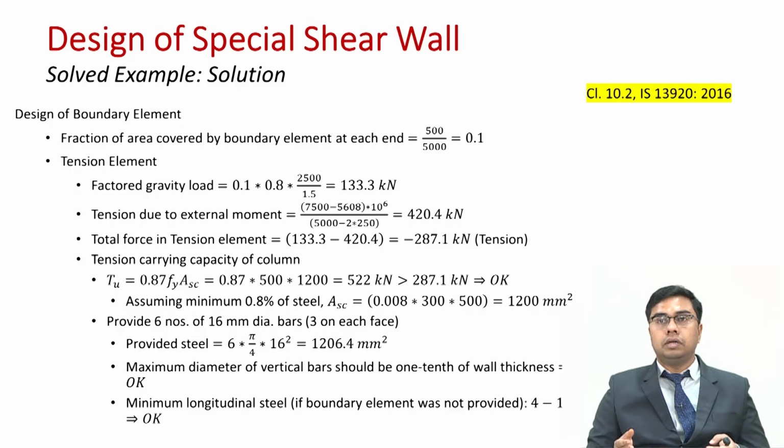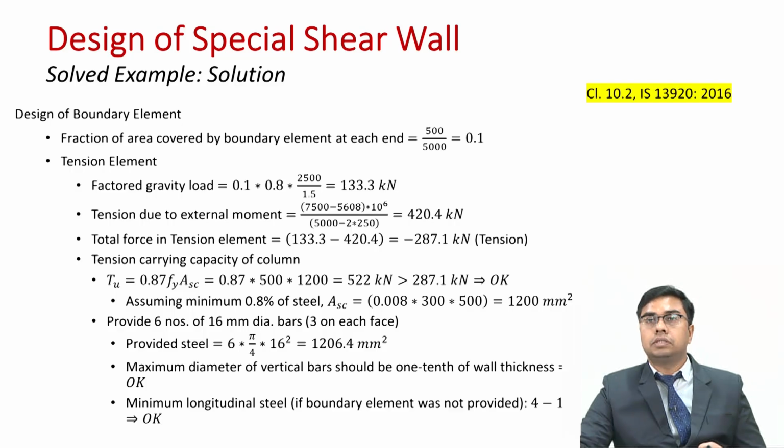Assuming minimum steel requirement, that is 0.8% of steel, that is 1200 millimeter square, in the boundary element having cross section of 300 mm by 500 mm, the tension carrying capacity shall be 0.87 times 500 megapascal times 1200 mm square, which we can calculate and find out to be 522 kilonewton. Since this is larger than the tensile force in the tension element, this is suitable.